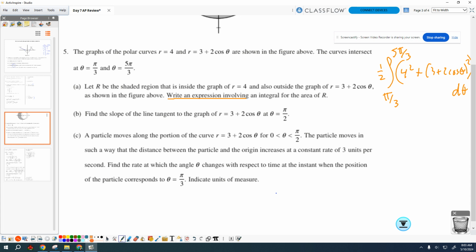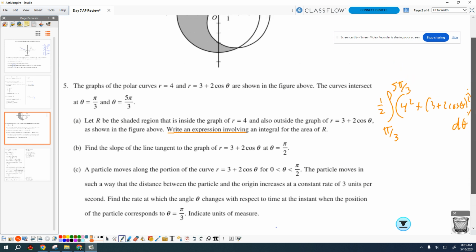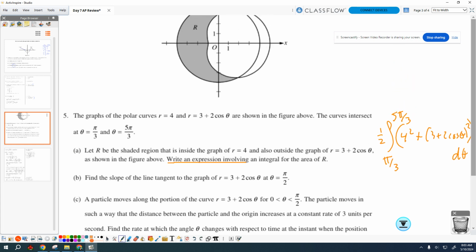So what he just did was radius squared minus radius squared. Area of a circle is pi r squared.